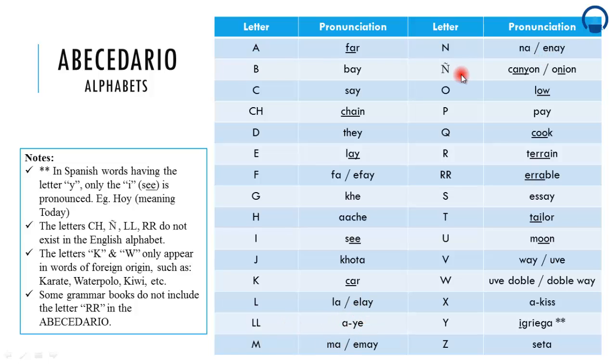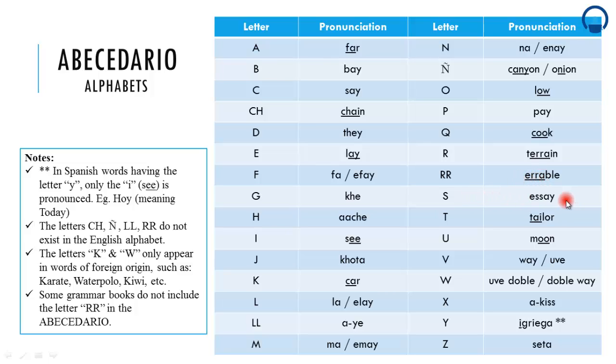N na. N with a tilde mark above it is called anye, just like the pronunciation in the English words canyon and onion. So the pronunciation is in between, anye, that's how this letter is pronounced. O, P, Q, R, and double R, it is just with a stress.